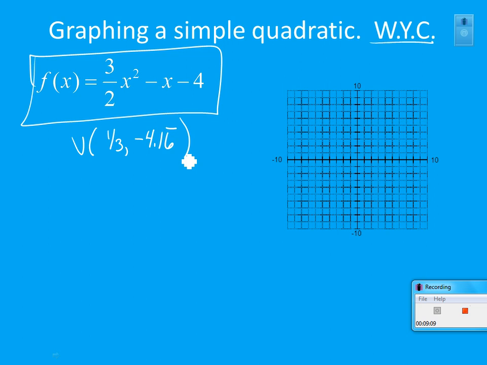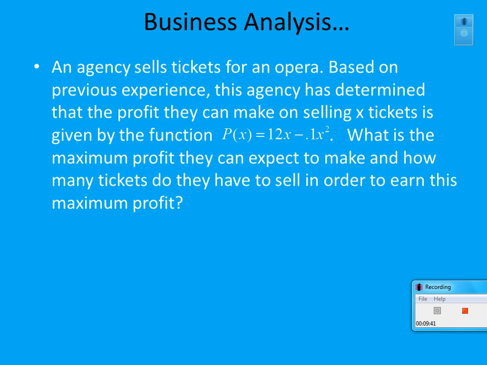I have all the confidence that you can go second, calculate a zero, and get my intercepts to be at (-1 1/3, 0) and at (2, 0). And when x is 0, y is -4. And then we could graph it. So I'm not going to spend much time on that because you're as good, if not better, with the graphing calculator than I am. But I would like to get to some word problems.